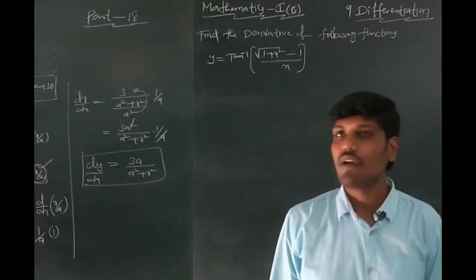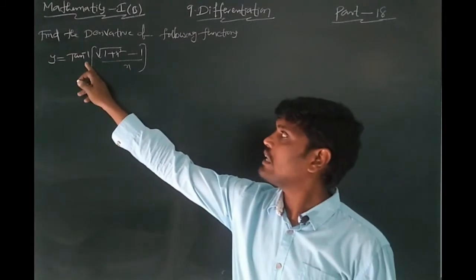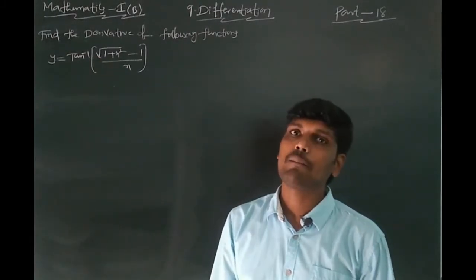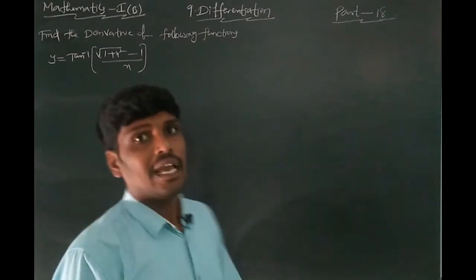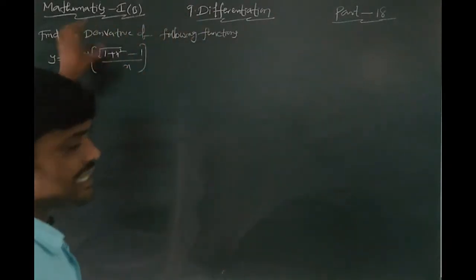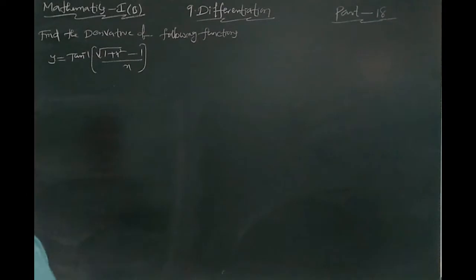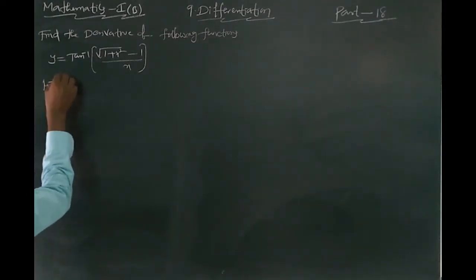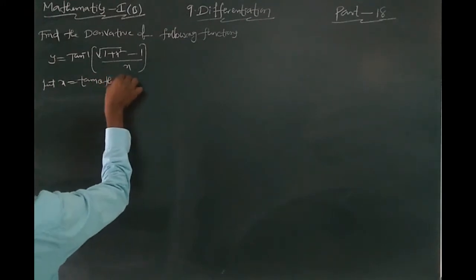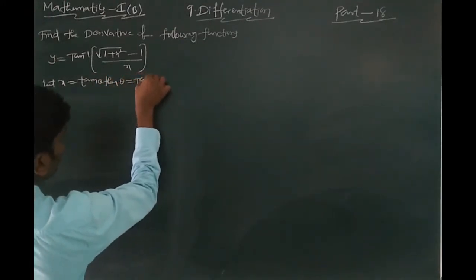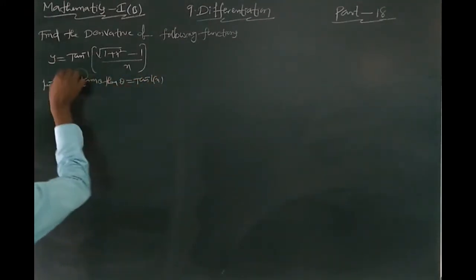Next problem is y is equal to tan inverse of (square root of 1 plus x square minus 1) whole by x. In this function, y is already given, so you can put x is equal to tan theta, then theta is equal to tan inverse x.